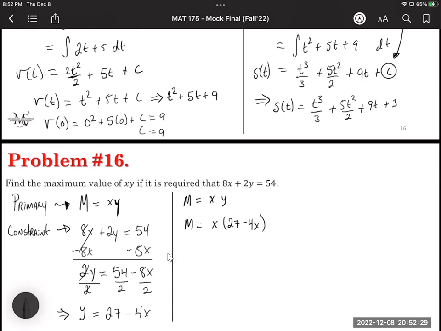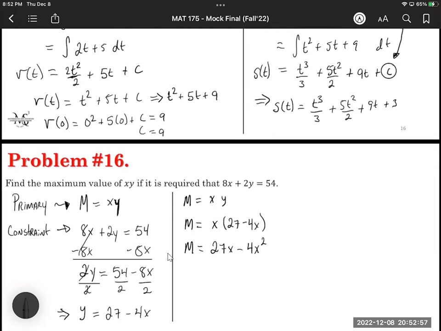You can distribute the x inside of your parentheses, and this will now become 27x minus 4x squared. Okay, what do you think will be my next step here? Why would I rewrite m as a single variable? What's the purpose of rewriting this equation as just one variable here?